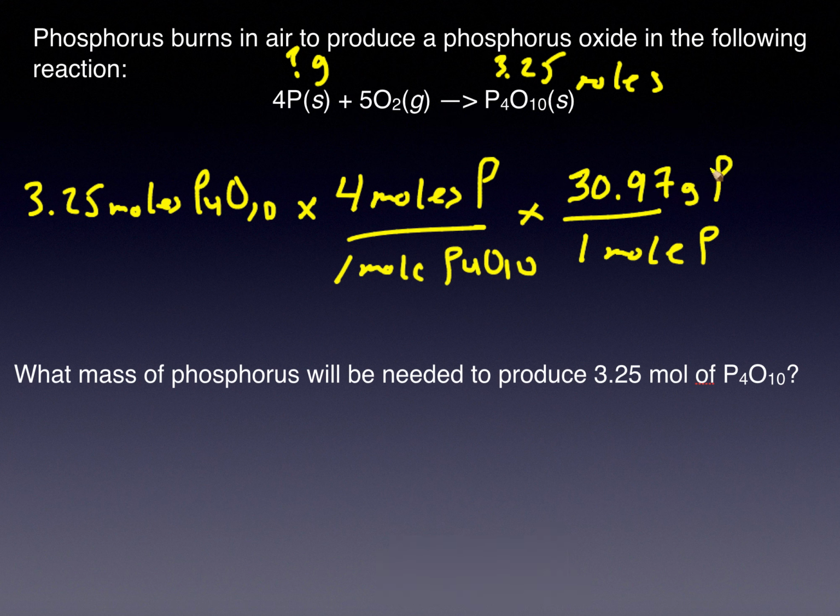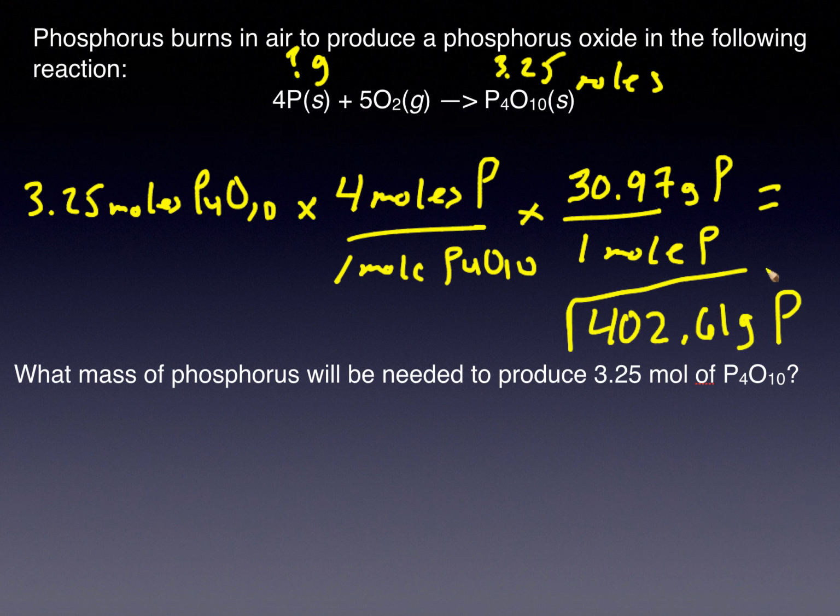So plug this in our calculator. So we have 3.25 times 4 times 30.97. And we get 402.61 grams of phosphorus. And this concludes our first stoichiometry video.